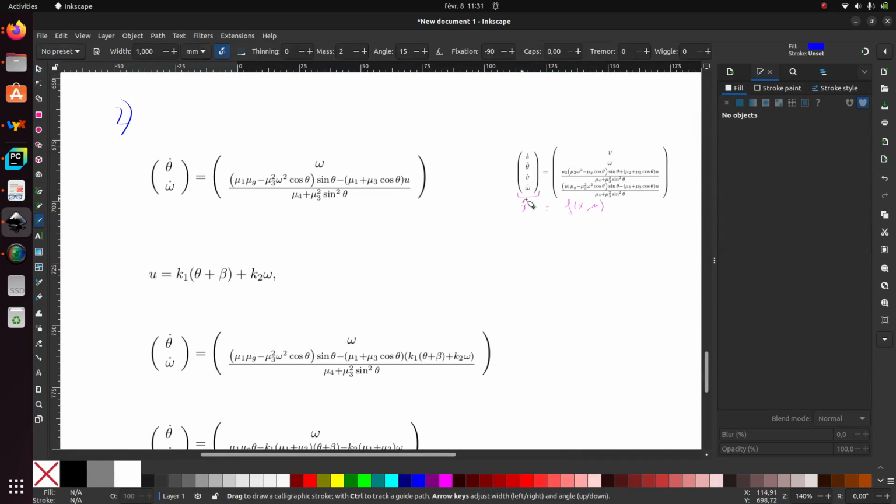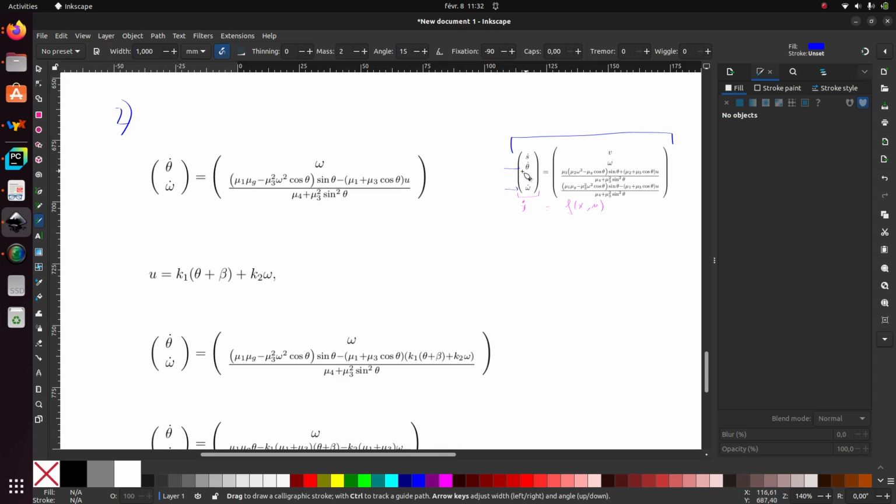Recall that I had this state equation, and from this I am able to extract this one and this one, just to study the stability not with respect to the position, but only with respect to the angle or the pitch. That's why I'm interested in this, because I will not be stable with respect to the position. The driver will have to do the job.